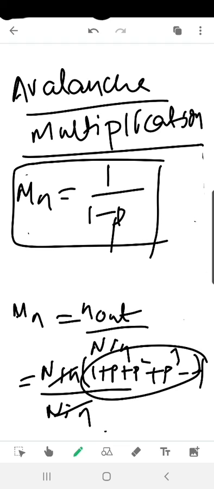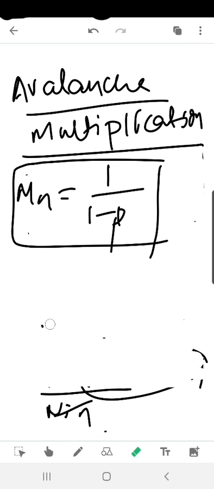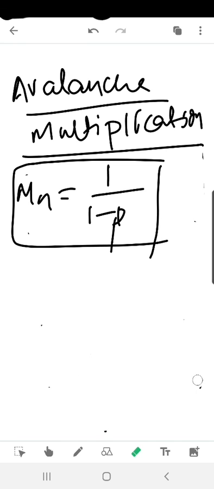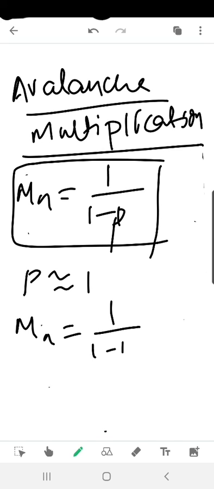If the probability of collision is approximately equal to 1, because we know that every electron which is knocked out in the depletion region will again collide with another electron hole pair, then the electron concentration Mn will become 1 upon 1 minus 1, that is 1 upon 0, which means infinite.